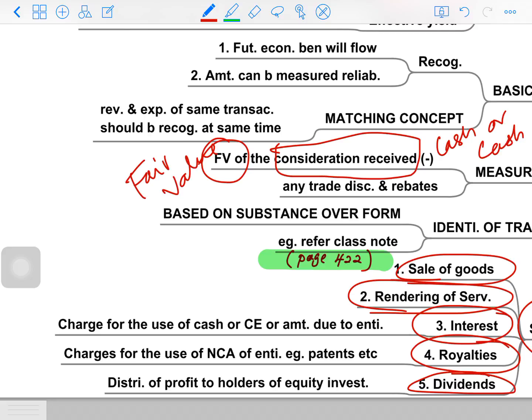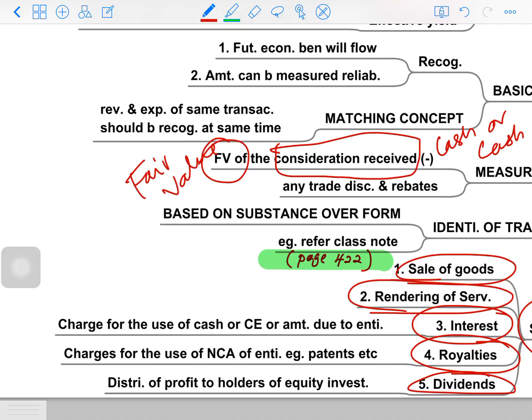Okay? If your company invests in other companies, buy other companies, become shareholders of another company, your company will receive dividend every year, right? So that dividend you can recognize as revenue, especially if you are in a business of investment companies. Okay, investment companies, their revenue is in the form of dividends that they receive.